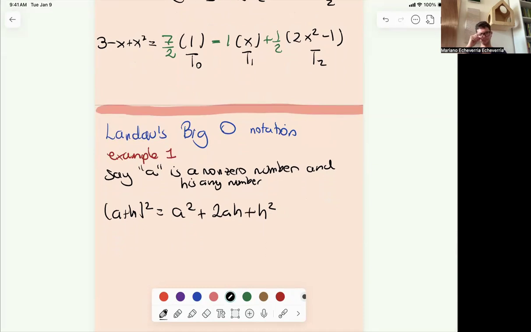And then if you subtract A squared on both sides, you would get that (A + h) squared minus A squared is 2Ah plus h squared. Is that okay? Is that making sense so far?